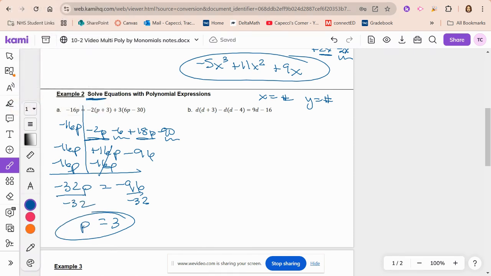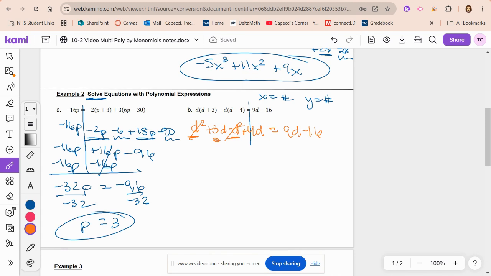Okay, let's look at the next one. Same idea. Here's my wall. So I have d times d gives me d squared plus 3d minus d squared plus 4d equals 9d minus 16. Okay, my left-hand side, I have d squared and negative d squared, so they're going to zero out.